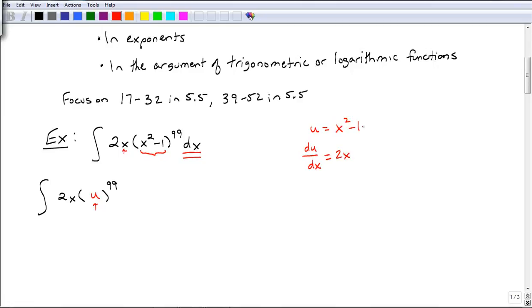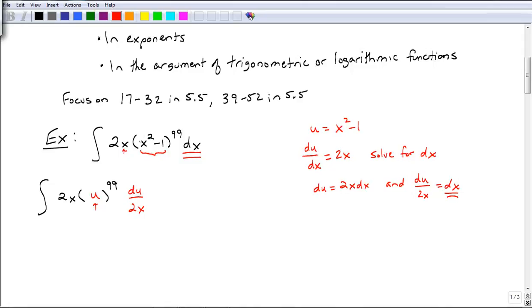The derivative of 1 is 0. And I'm going to solve this for dx. Then I can replace the dx in my formula. So I get du is 2x dx, and du over 2x is dx. So I can replace my dx with du over 2x.